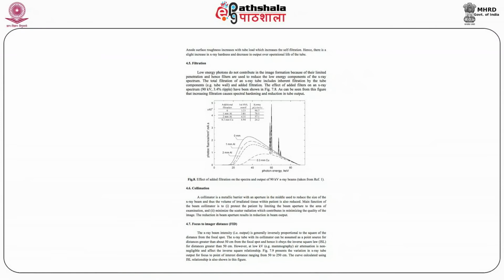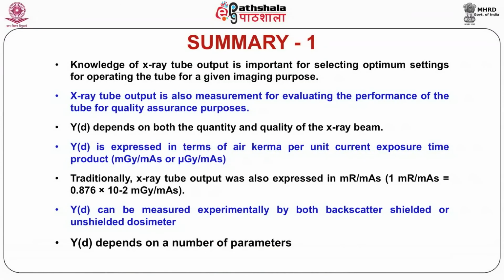So now we will summarize the discussion we have had in this module. The knowledge of X-ray tube output is important for selecting optimum settings for operating the tube for a given imaging purpose. The X-ray tube output is also measured for evaluating the performance of the tube for quality assurance purposes.